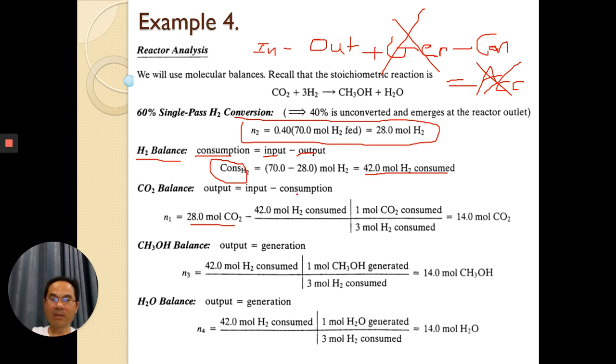For the consumption, compare to the limiting reactant, which is hydrogen. You know from the reaction that 3 mole hydrogen consumed equals 1 mole methanol. Considering carbon dioxide, 3 mole hydrogen consumed equals 1 mole CO2 consumed.